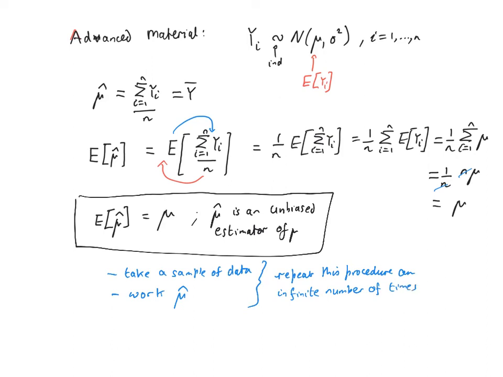then we end up with an infinite number of different estimates mu hat. So each of these mu hats comes from a different data set and therefore will be different. So we end up with an infinite number of possible estimates mu hat from an infinite number of data sets, and the average of these values will be mu. So that the average of those values is mu leads us to say that mu hat is an unbiased estimate of mu.